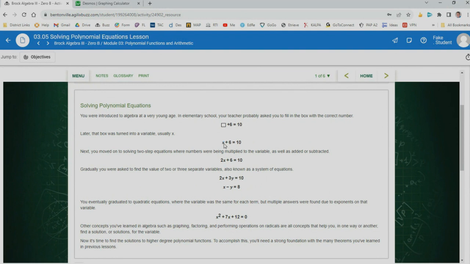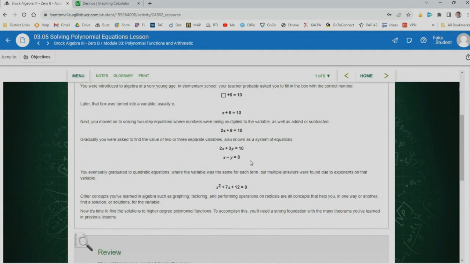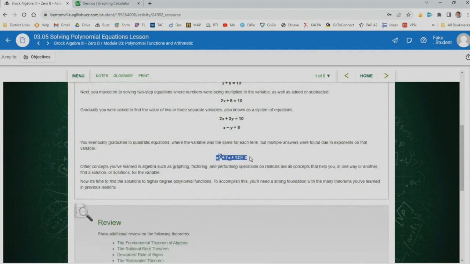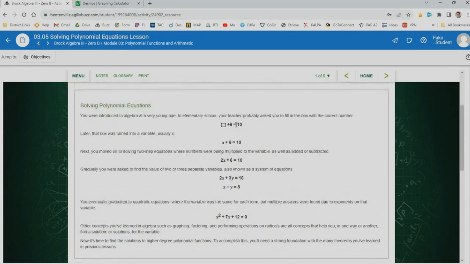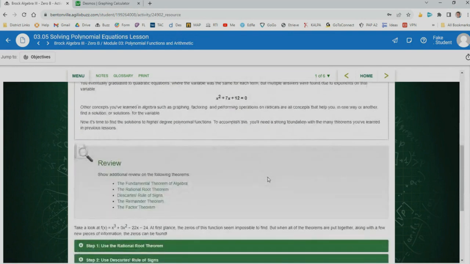So we just got more complicated. We finally changed that blank to a name, and then we started making it a little more complicated by making it 2 times that blank plus 6 equals 10. And then we added more variables. It got more and more complex. So you're doing quadratics. You just started out real simple and kept going on.